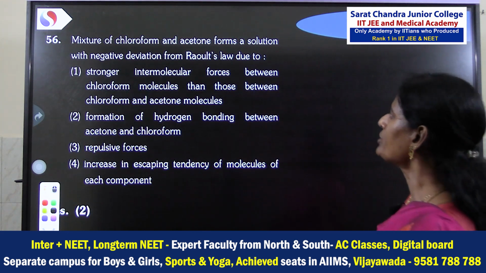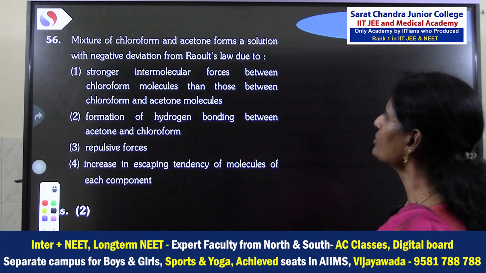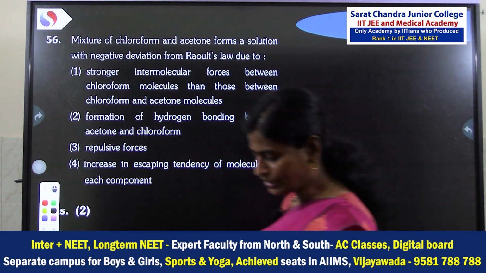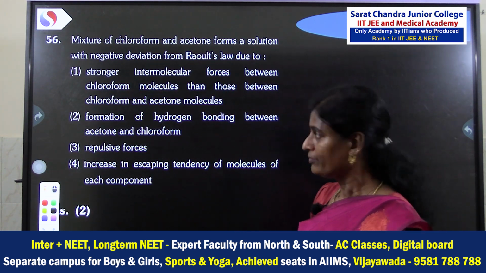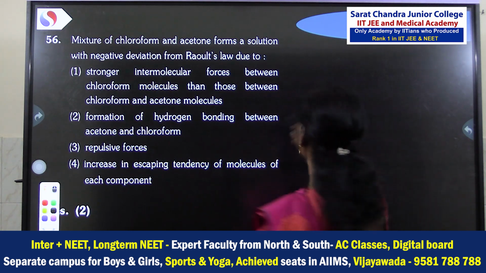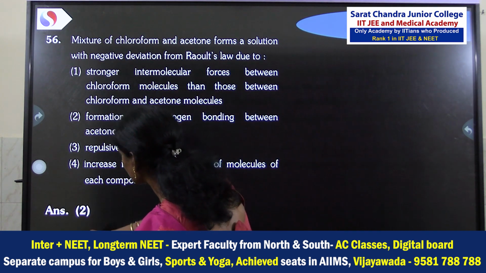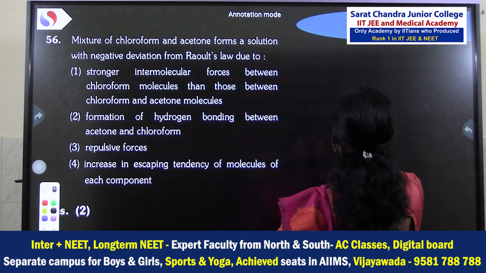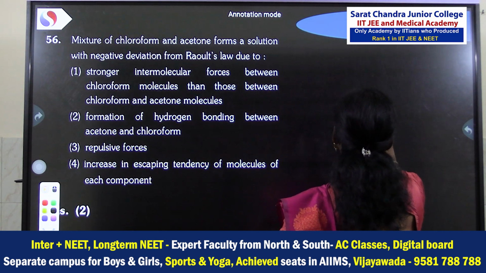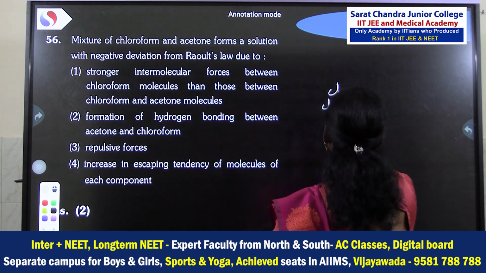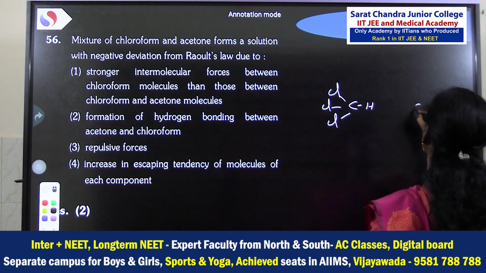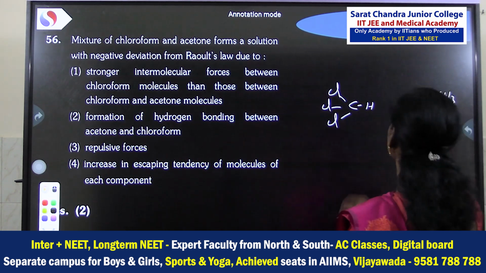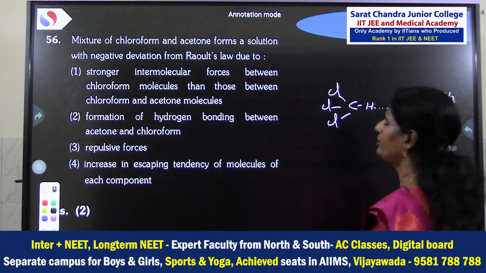Next, a mixture of chloroform and acetone forms a solution with a negative deviation from Raoult's law due to. So, when we take the liquids chloroform and acetone, between these two there is intermolecular hydrogen bonding.